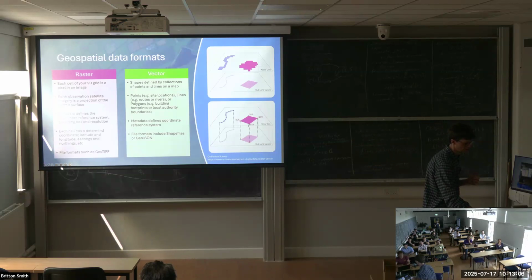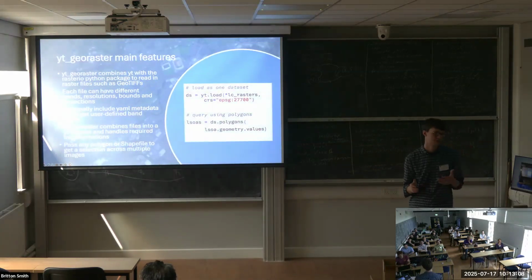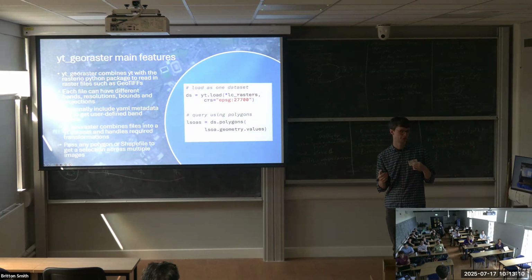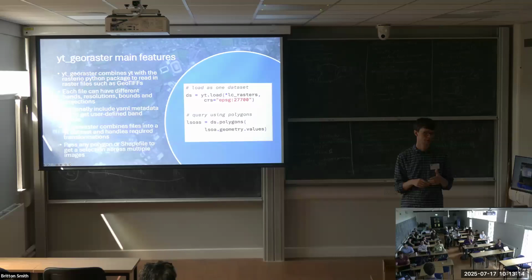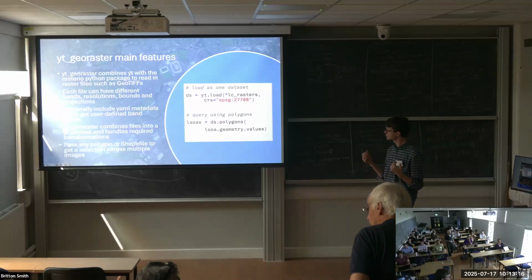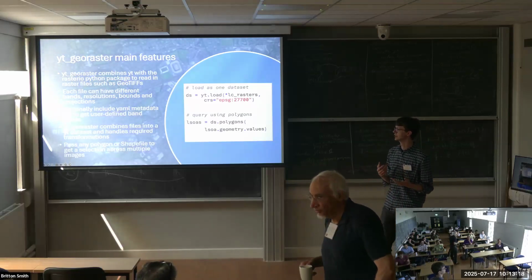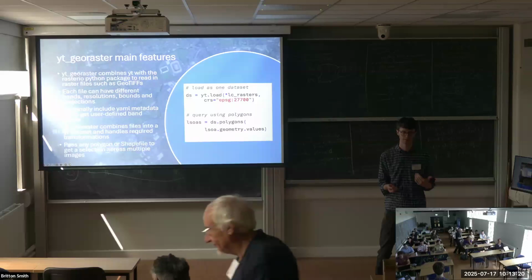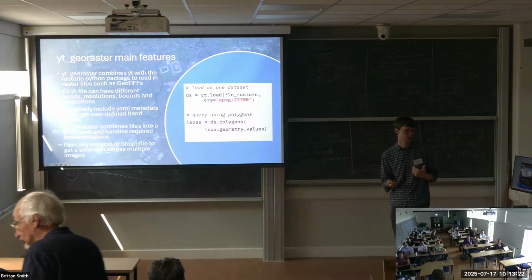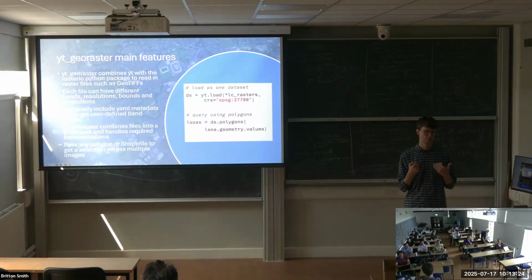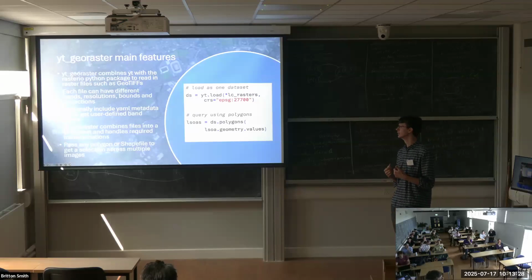So then, moving on to the main features of georaster. Georaster combines YT with the package Rasterio, the existing Python package, which reads and writes raster files such as GeoTIFFs, but others as well. Then you can use those files however you want once you've read them in to YT.